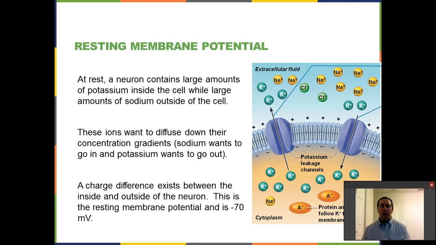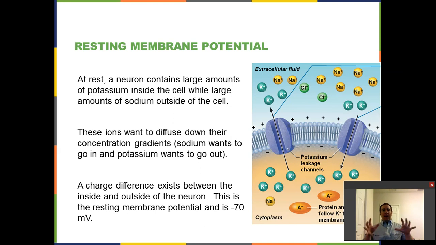Potassium and sodium both have a positive 1 charge. So if you start with equal charges on the inside and outside of that cell, but every time that pump runs, you pump 2 positives in and 3 positives out, you're going to create an imbalance. You're going to have more positives on the outside than you do on the inside. And that is where this resting membrane potential comes from.